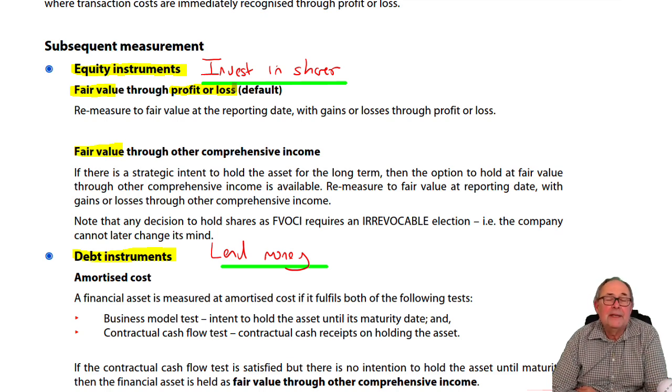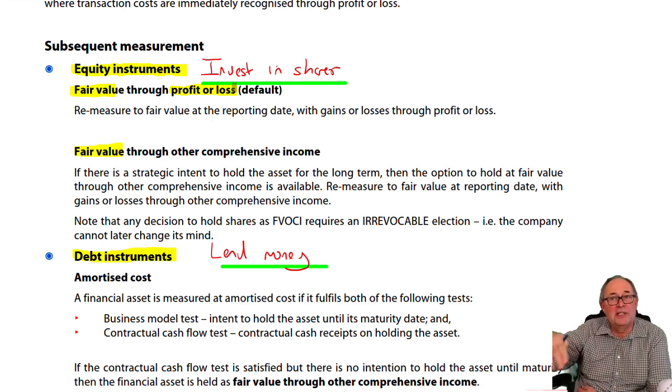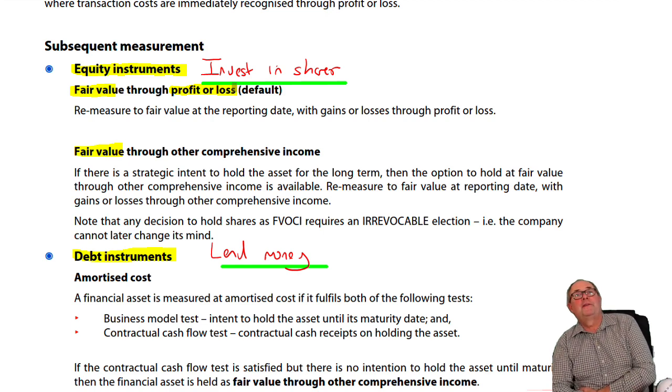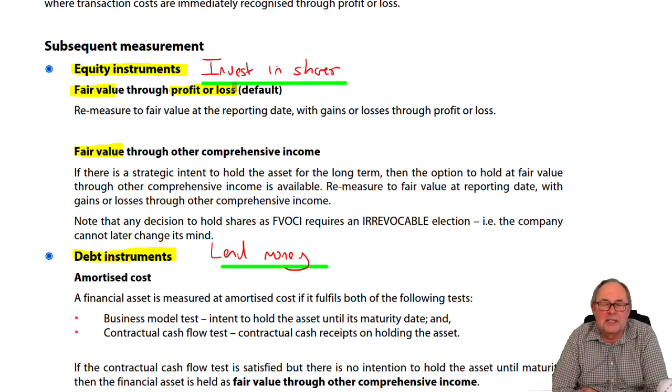However, if you've actually got a long-term investment, you would not be keen on that because, the stock market, gains and losses, the share price would be all over the place. Your profit and loss would be all over the place. And this is supposed to be a long-term investment.